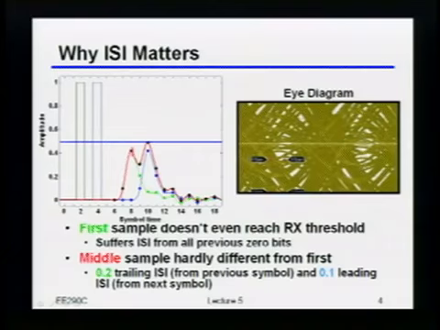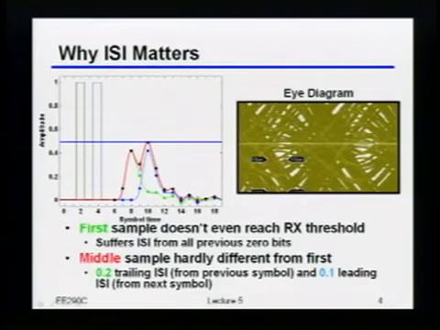The other thing you should notice is that this red is the composite waveform, but in particular if you look at this sample point right here, notice that there's a very, very small difference between what you got on that first sample and what you get on this second sample. Even though, remember, what you transmitted was a 1, 0, 1, right? It doesn't look like very much of a 0 right here.